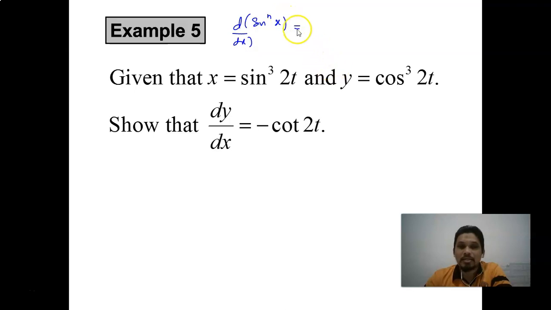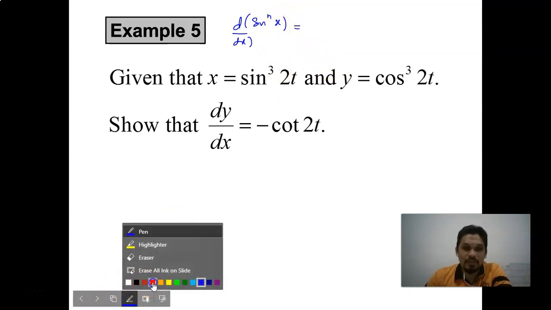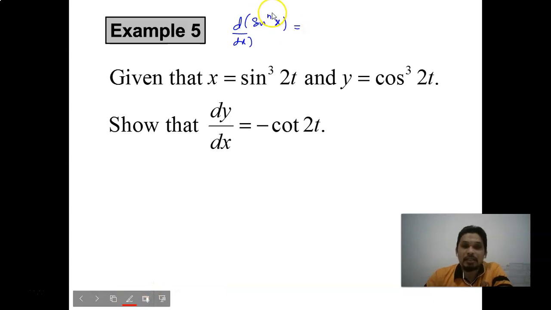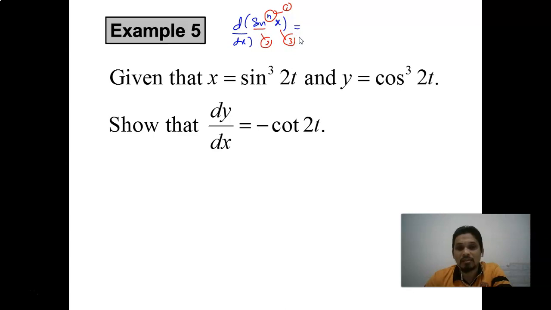I do hope that all of you still remember that the power n of this trigonometric function is the first thing that we need to consider. Then the trigonometric function will be the second, and x is the third part that we need to differentiate.